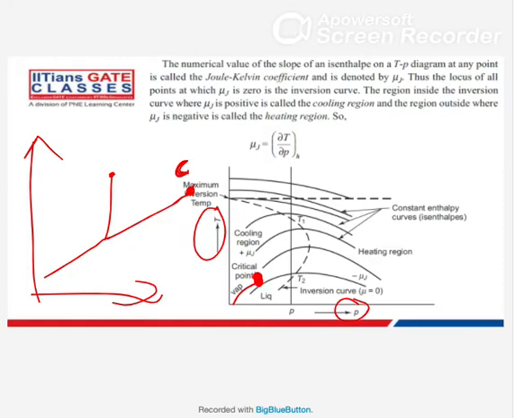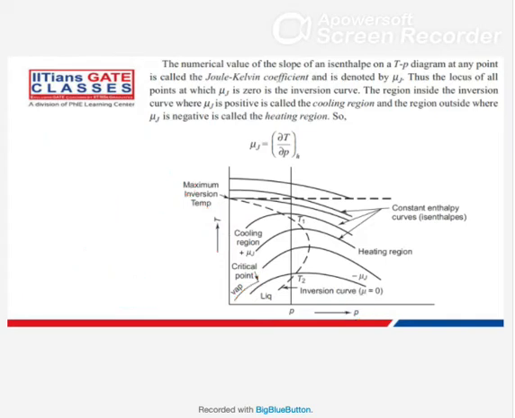So if you want to cool anything, like you have air somewhere here, if you are cooling it, its phase will not change. Let's say you are expanding, if you are somewhere here, its phase will not change. What you will have to do, its initial condition should be such that if you are cooling it, the exit condition should lie somewhere here, so that it will become liquid.